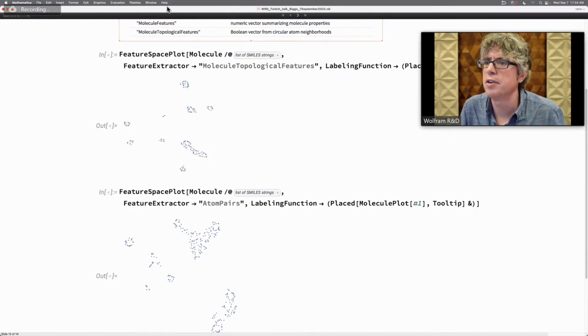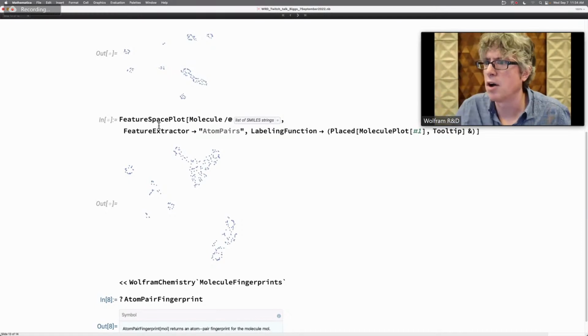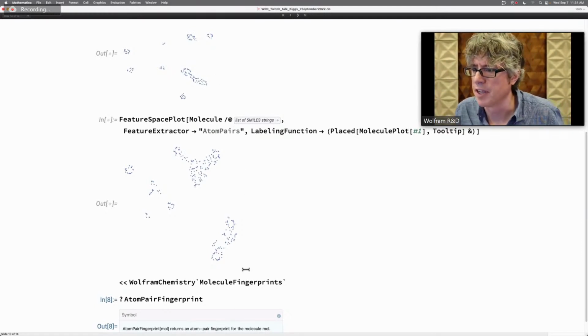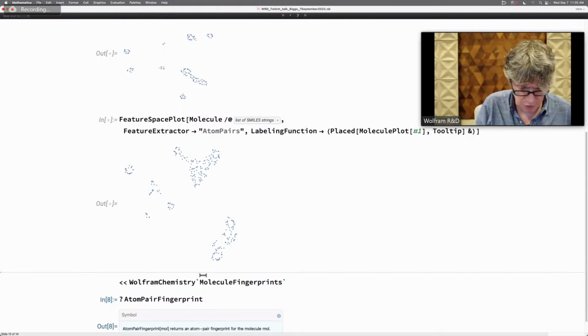And so here is where I want to go off of this notebook briefly and show something that is almost ready to submit to the Wolfram Paclet repository. We're going through the final bits of internal review.